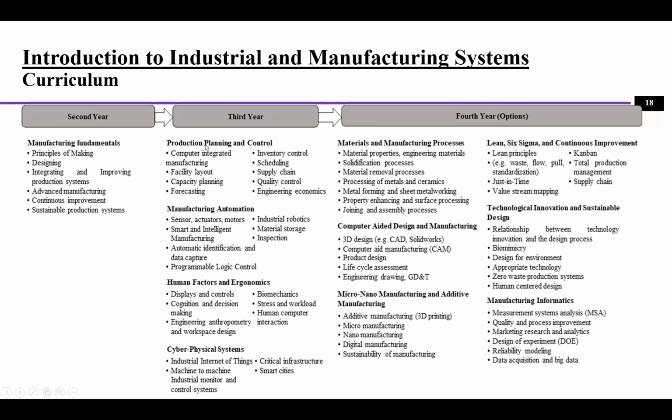And in the third year, if you choose to take it as a sector class, then there are 3 classes we're offering. One is 330. 330 is production planning control. We talk about computer integrated manufacturing, facility layout, capacity planning, forecasting, inventory control, scheduling, supply chain, quality control, engineering economics.